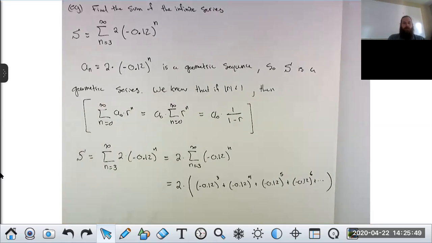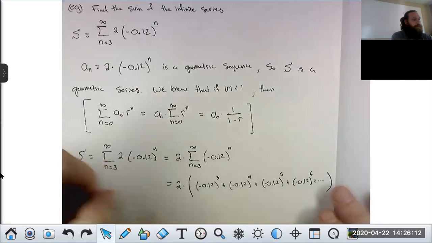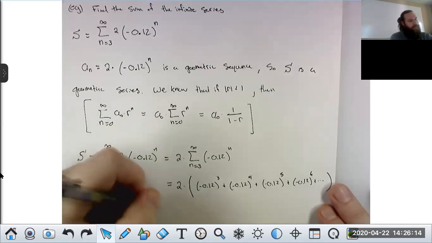Do you see a common factor there? In those big parentheses, do all of those terms have any factor in common? Yeah, in fact, negative 0.12 cubed is common everywhere there. So I can go ahead and pull that out.